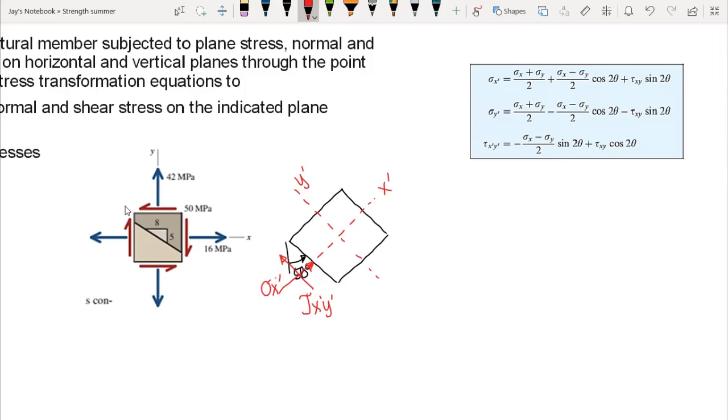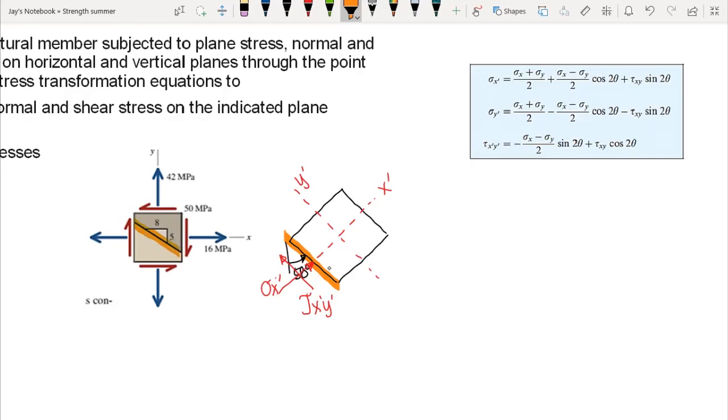Again, these axes were rotated by a 58 degree counterclockwise angle. Now, our goal here again is to compute these transformed stresses at this inclined plane. Again, this plane here is equivalent to this plane here. They are on the same plane.